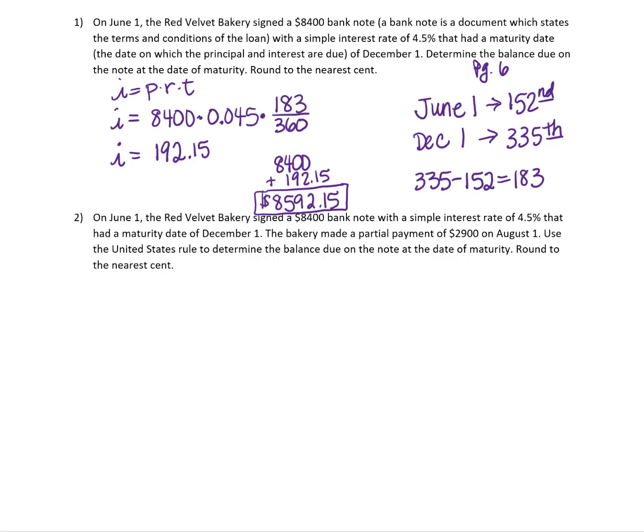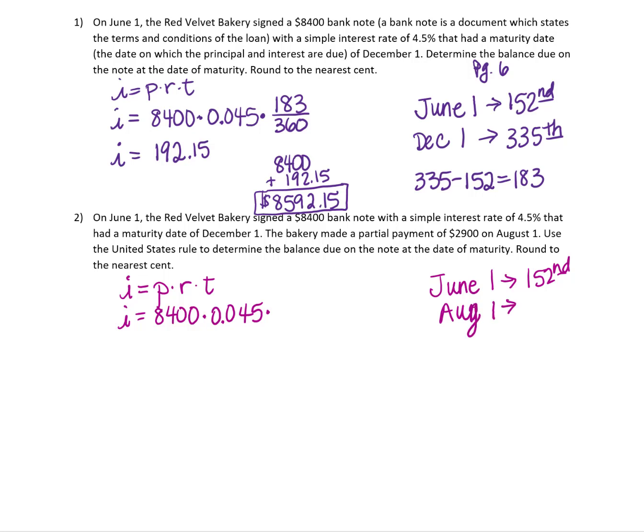So the first step is to find the simple interest up until the partial payment is made. We start off with the $8,400 that's borrowed times the rate. And now the time is going to be from June 1st, which is the 152nd day that we found, until August 1st.